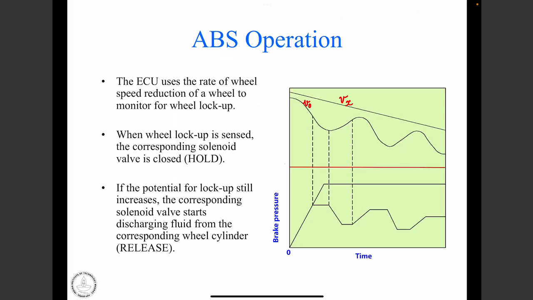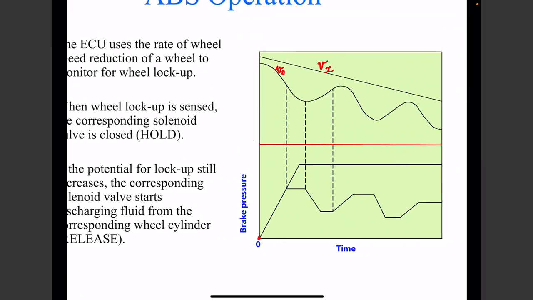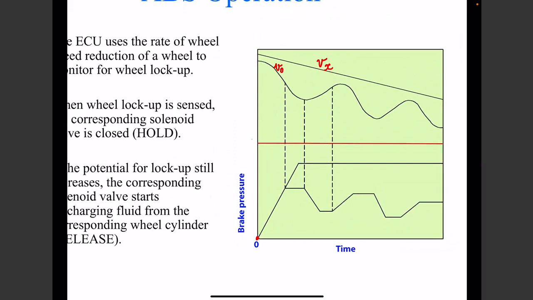We start from zero and start applying the brake. The top curve denotes the brake pressure in the master cylinder. And this curve is the brake pressure in the wheel cylinder or the caliper.